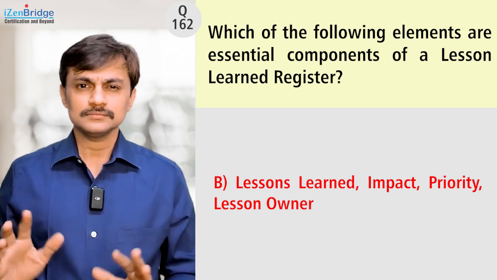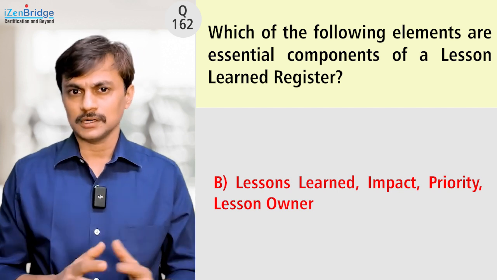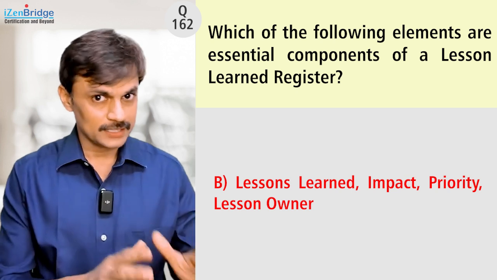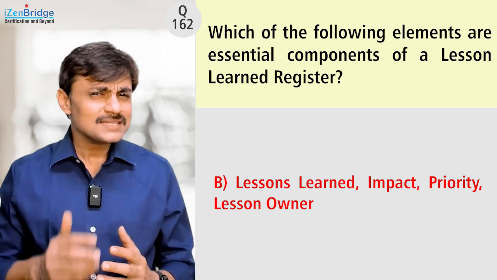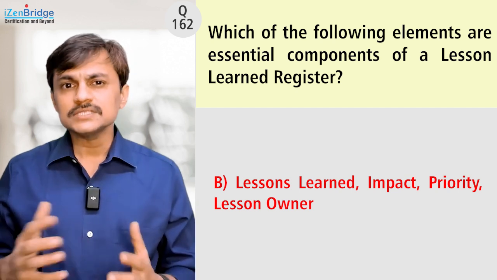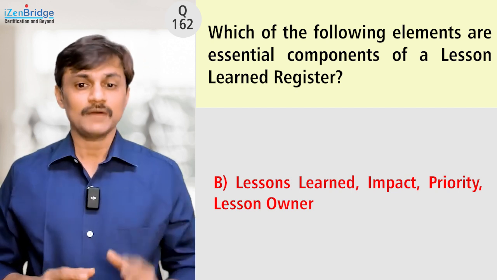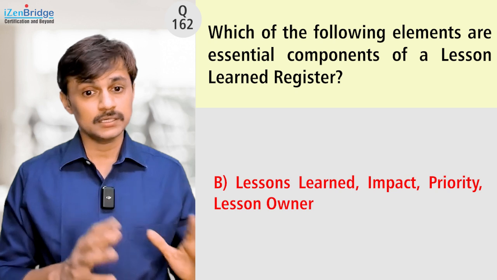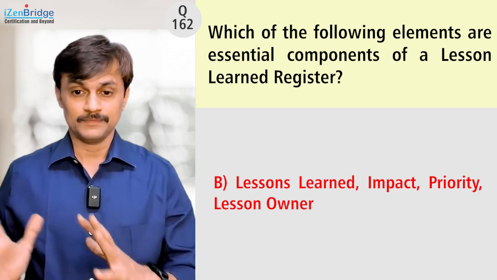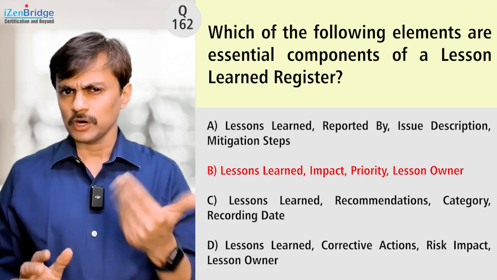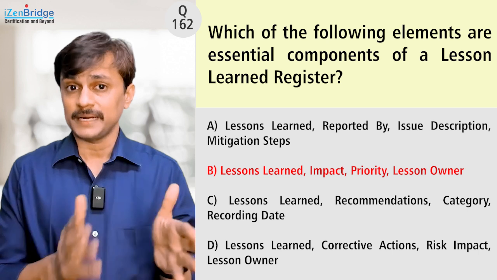Lesson owner doesn't look appropriate. Risk owner is a better term. Benefit owner is a better term. It is not like the lesson is owned by someone. So it is very unlikely to have a lesson owner, but lesson learned, impact and priority can be there. So I would rule out option B because option A is still better than option B.